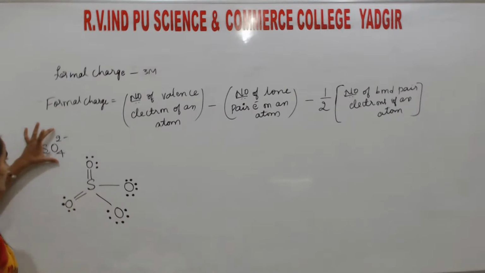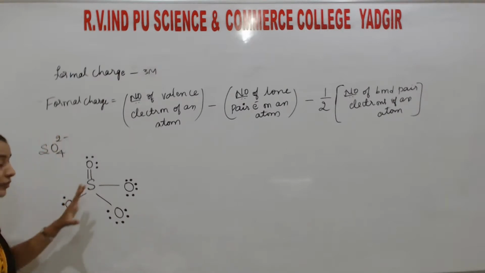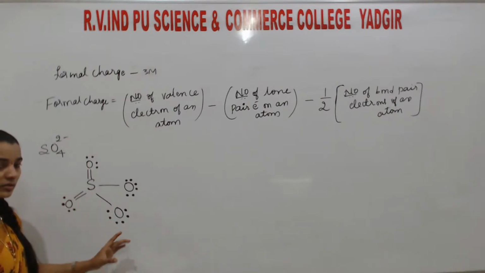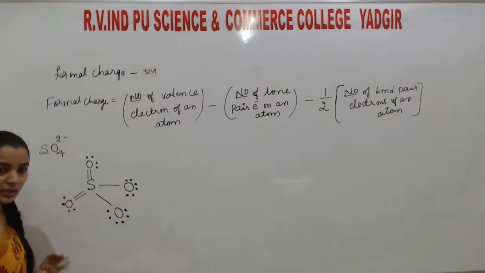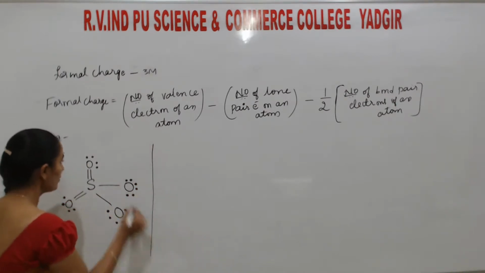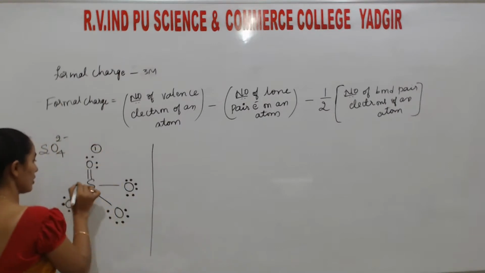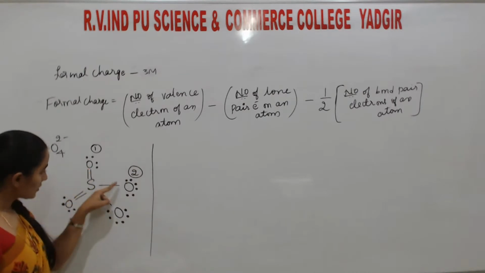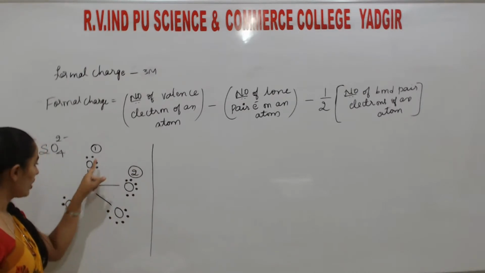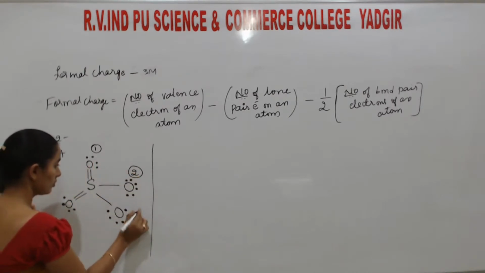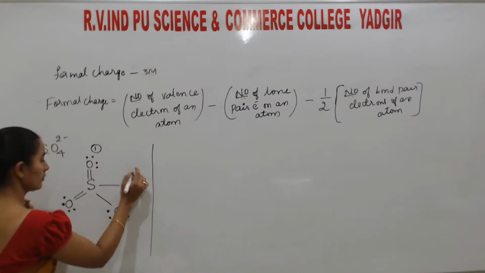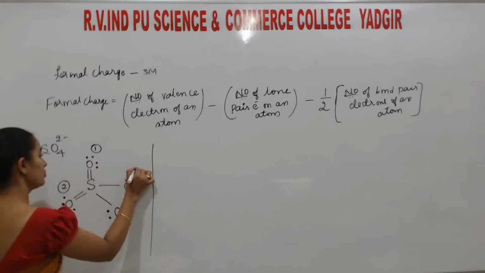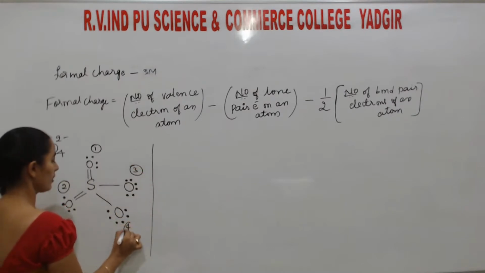We know only SO4 2 minus, but we don't know which oxygen gets a plus charge, which oxygen gets a minus charge, and which one gets zero charge. So I named the oxygens as 1 and 2. Remember, these two and these two are similar. 1, 2, 3, 4. Remember.